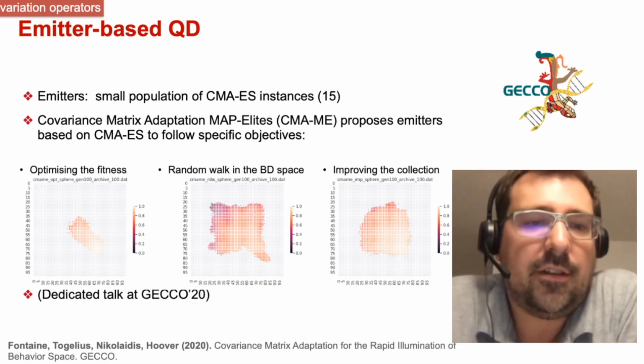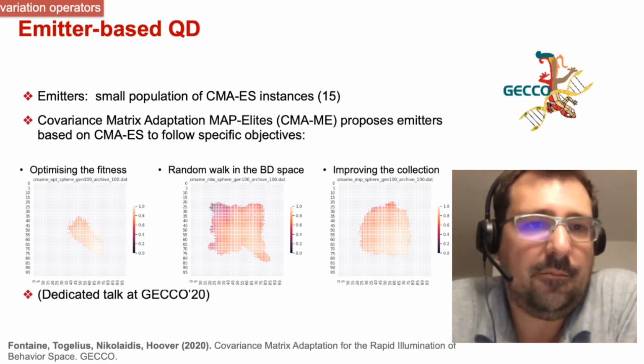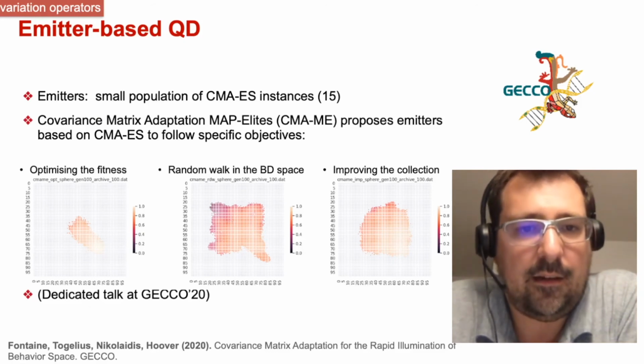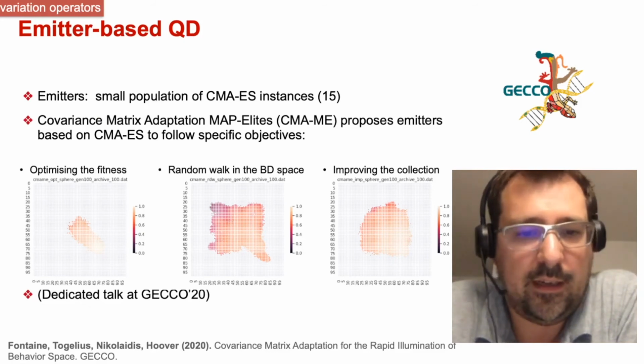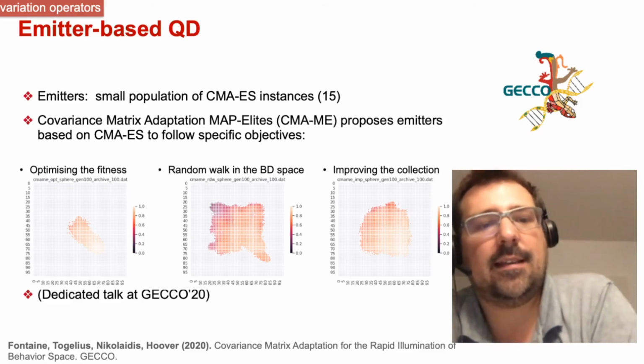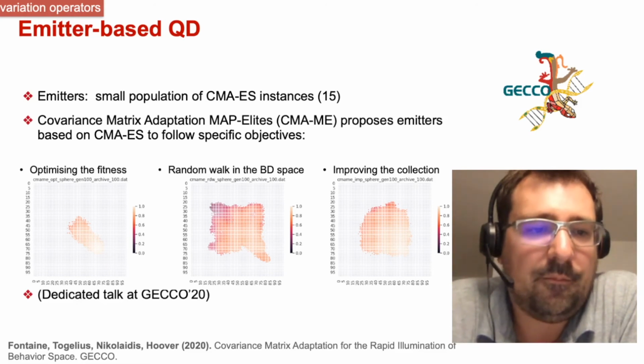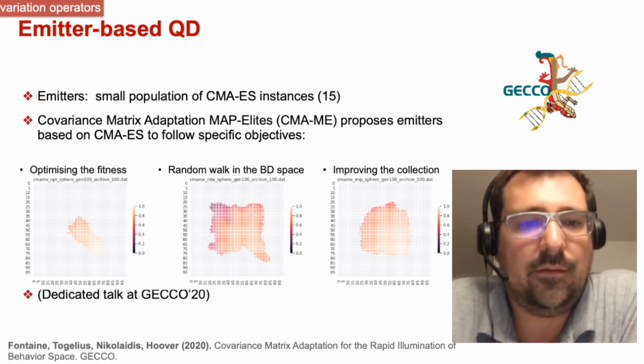Another contribution at this Gecko is emitter-based quality diversity with the paper called covariance matrix adaptations, which again takes inspiration from CMAS and tries to make map edits smarter about how to generate new solutions.